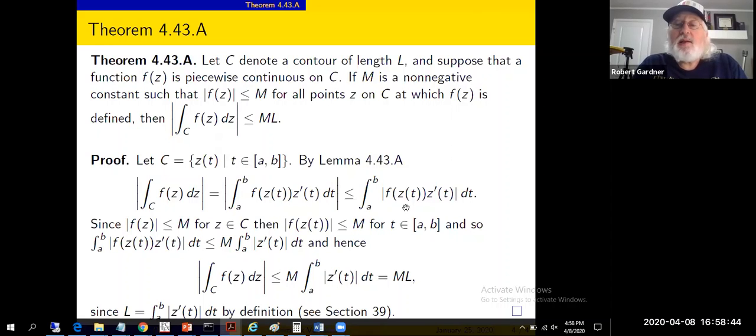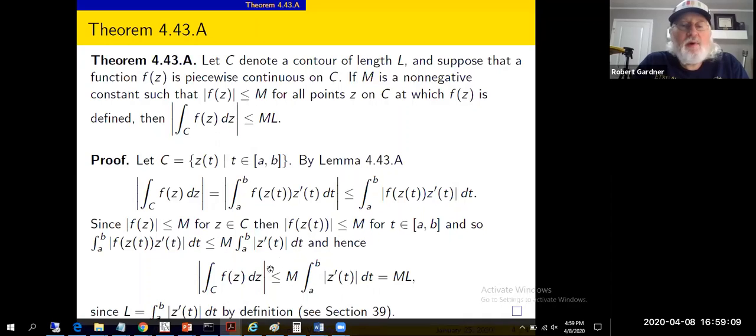All right, you like this integral? Yeah, the integrand is real valued because it's the modulus of something. So this last thing is a real integral. We were told we had a bound on f: f of z of t is bounded by M in modulus. Those are the hypotheses.